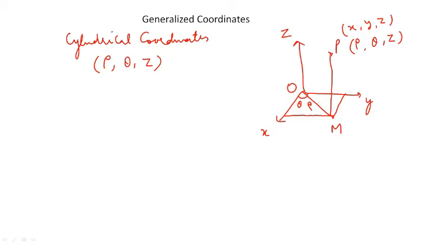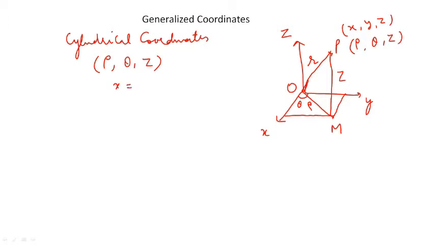Here MP is equal to z, and let us say OP is equal to r. So here you can have the relation between the Cartesian coordinates and the cylindrical coordinates.